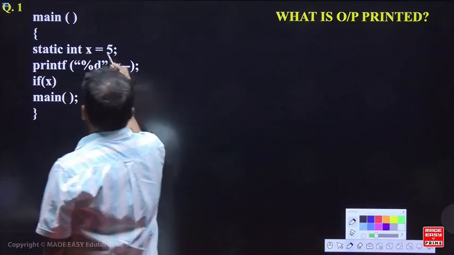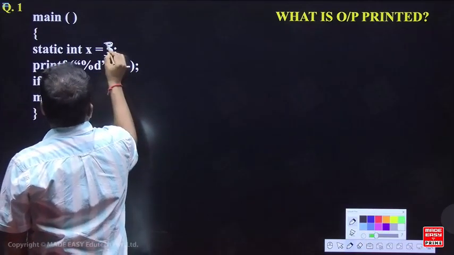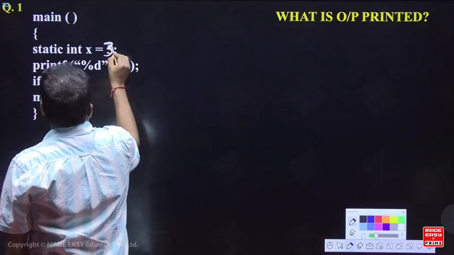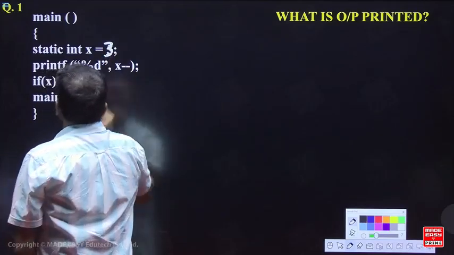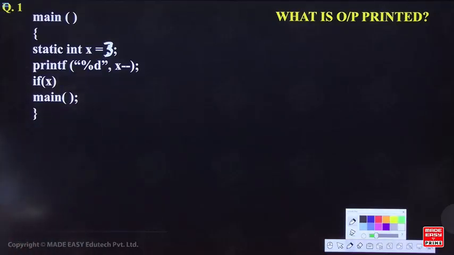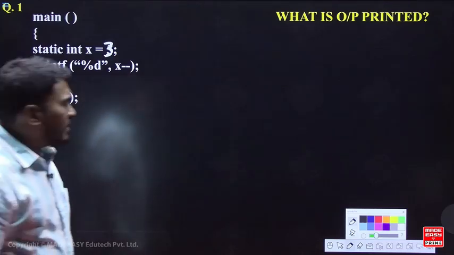You take this x value as a 3 here. सो 5 ज़्यादा हो जाएगा, सो 3. So semicolon after x plus plus is required.